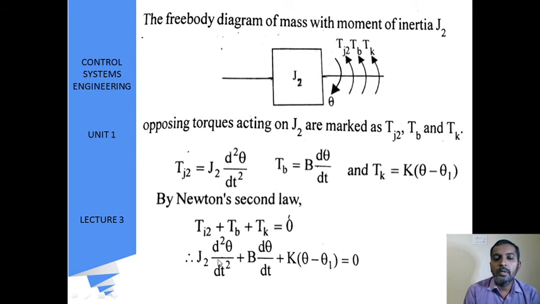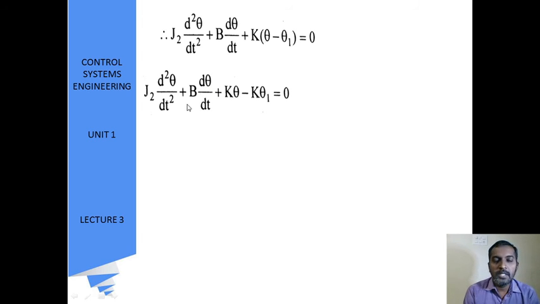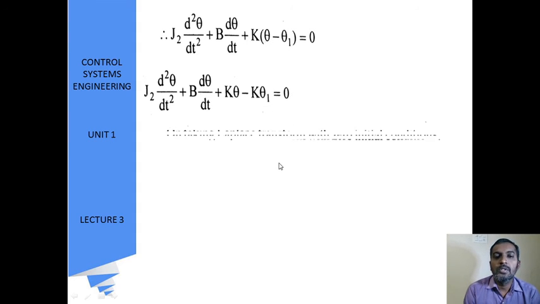So J2 d square theta by dt square plus b into d theta by dt plus k into theta minus k into theta 1 is equal to 0.